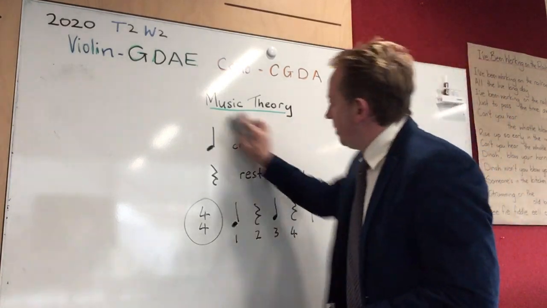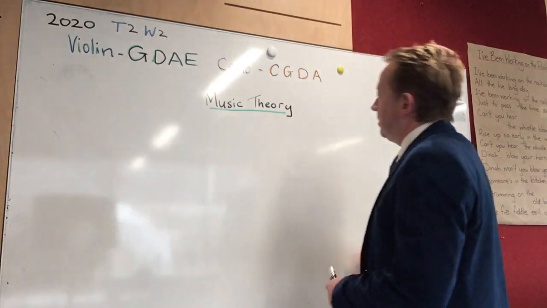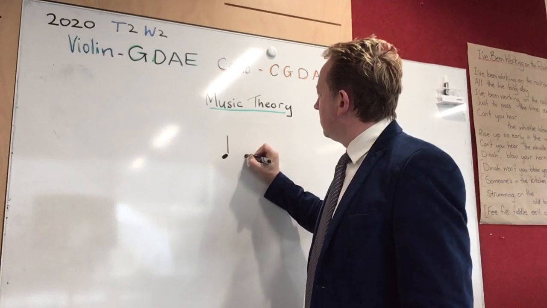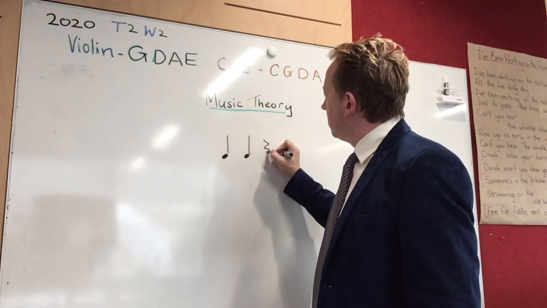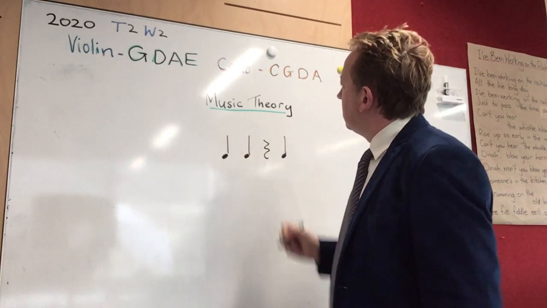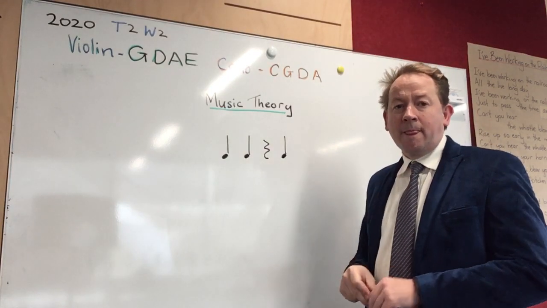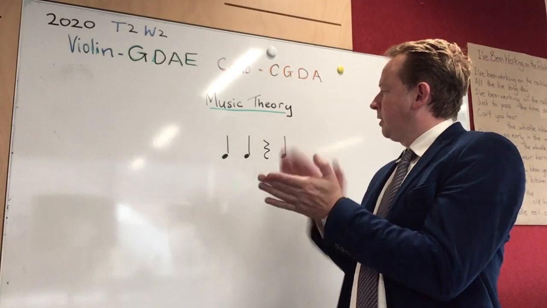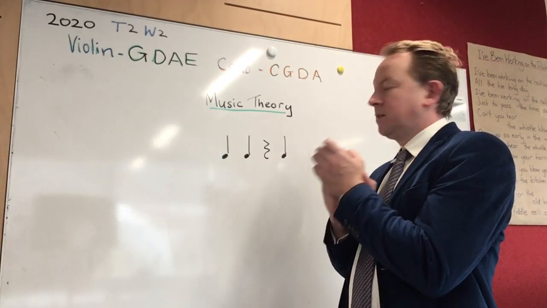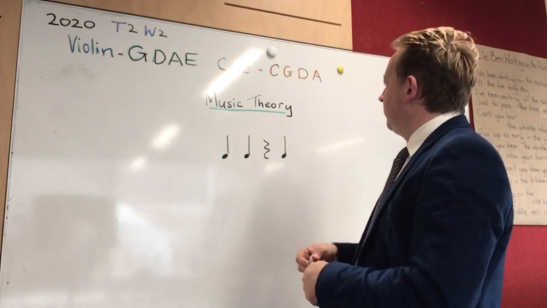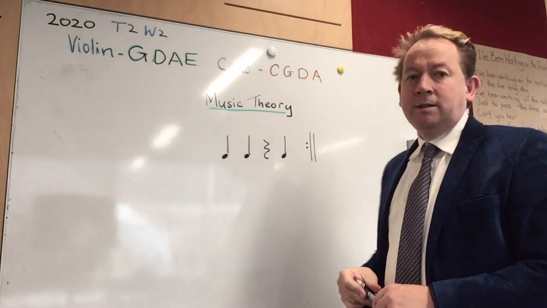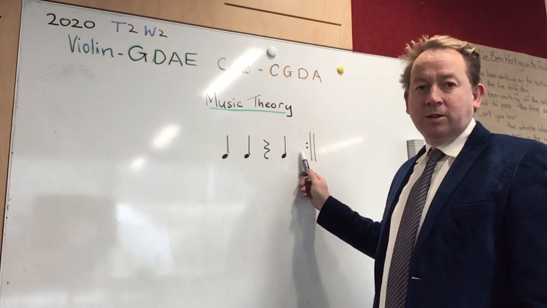Okay, so let's change it. How would I clap that? Let's try it. 1, 2, 3, 4. Rest. If I put a repeat at the end, the 2 dots mean to repeat.